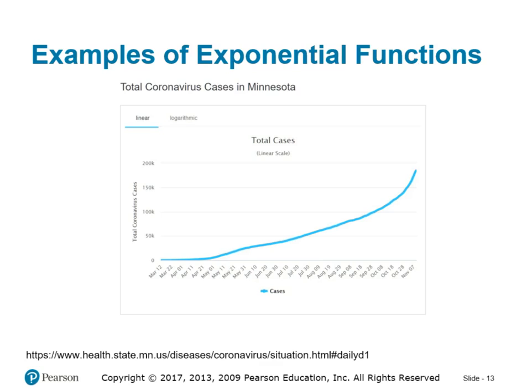All right, here's a couple examples of actual exponential functions. This is information that was taken on November 10th. This is the total coronavirus cases in Minnesota. And you can see, and this is real life, this hasn't been smoothed out and made perfect, but you can see that this model is approximating a quadratic or an exponential function.